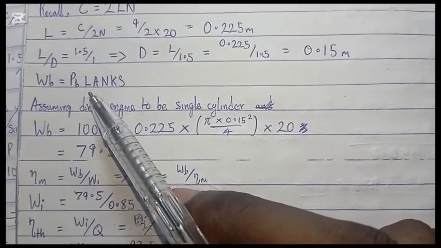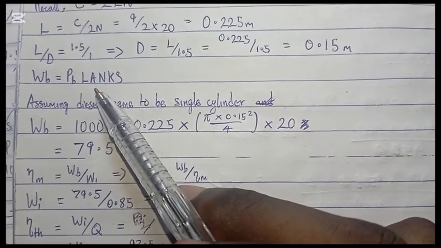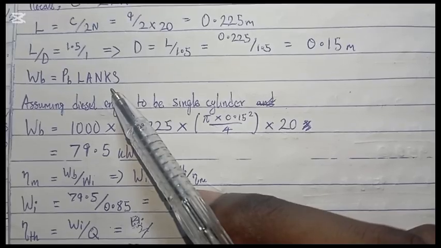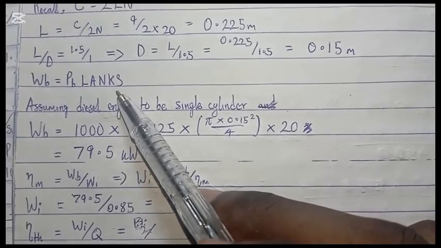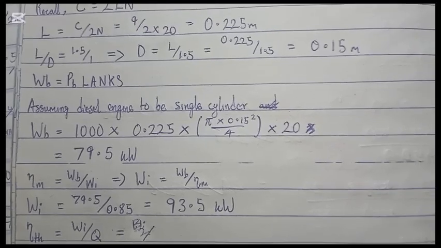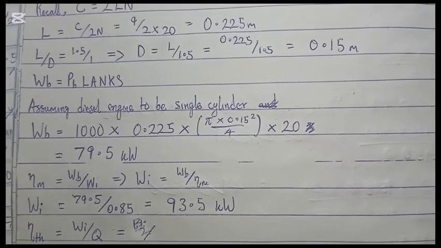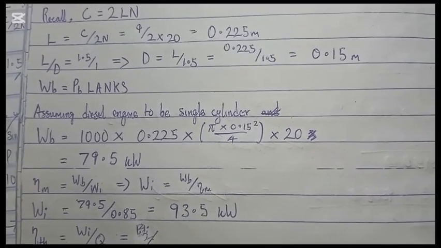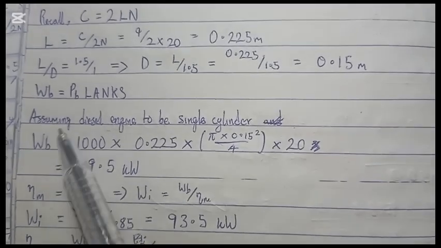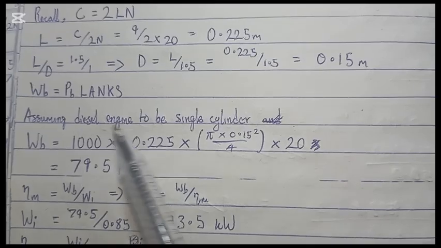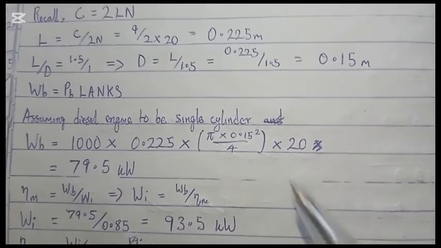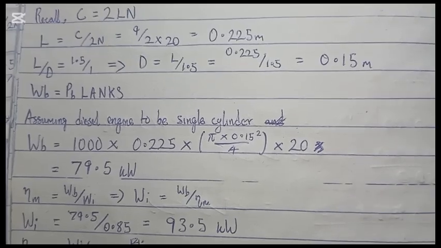We now have our L. We have the bore, that is D, to solve for A. We have N. We don't have K. We don't have S. I believe the question itself wasn't complete, but let's still try and solve it. Let's just assume for now the diesel engine is a single cylinder, that is S is equal to 1, and it's a two-stroke diesel engine, that is K is also equal to 1.